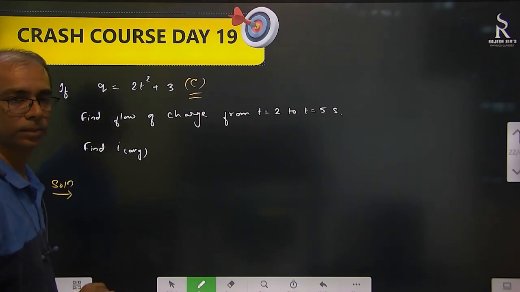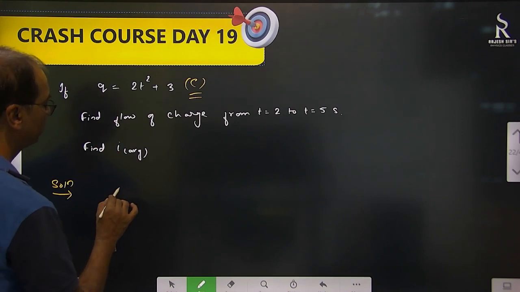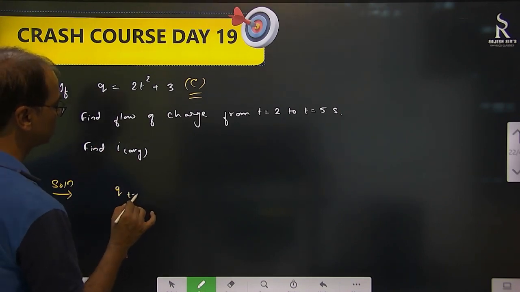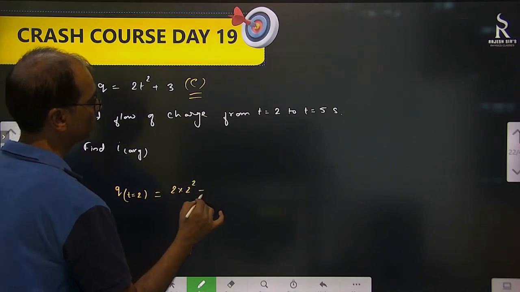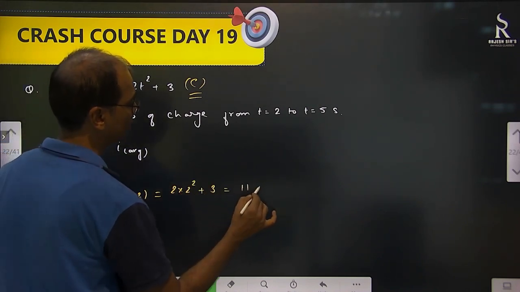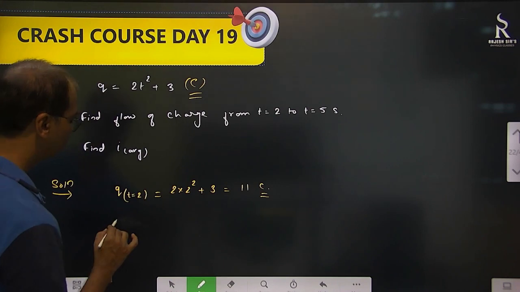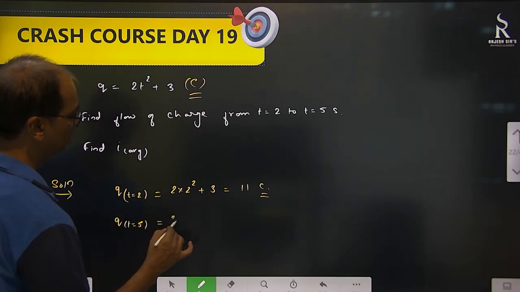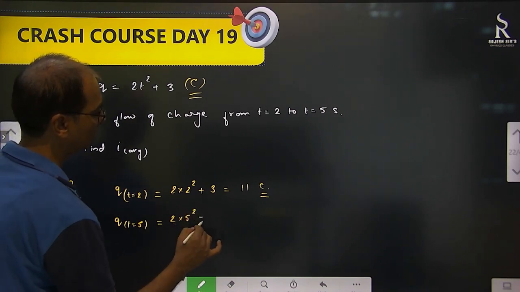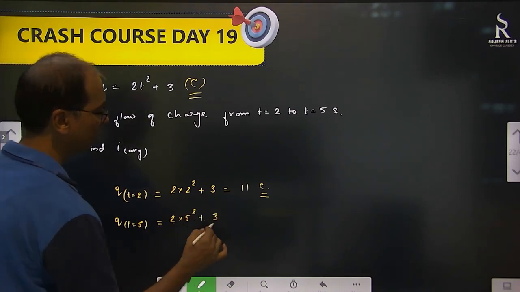What shall I do? Find the charge value at t equal to 2 seconds: 2 into 2 square plus 3, that is 11. Then find q at t equal to 5, then we will know how much charge is flown. 2 into 5 square plus 3, this is 50 plus 3, 53.